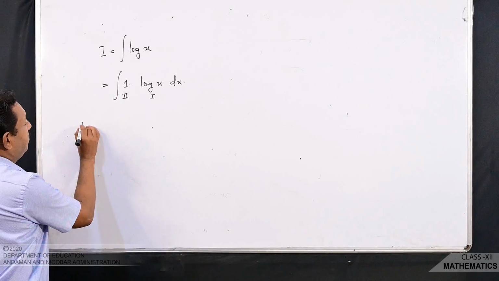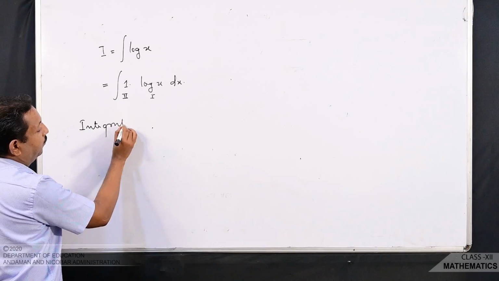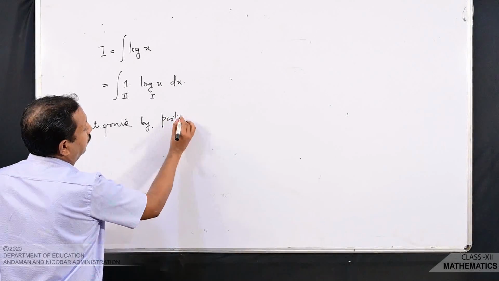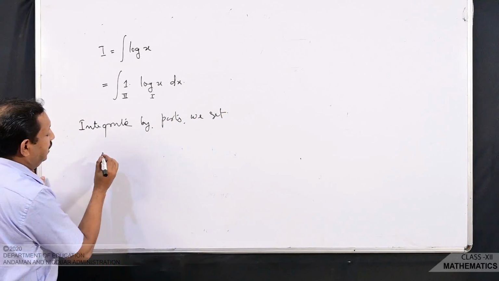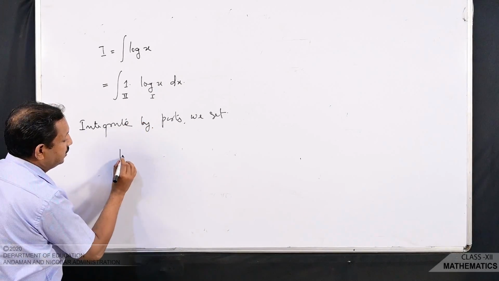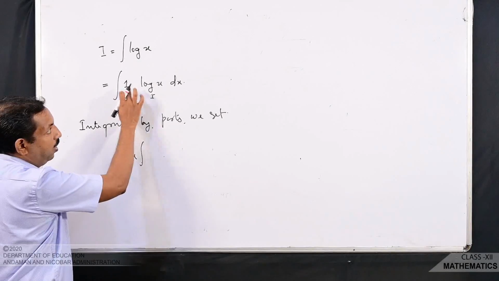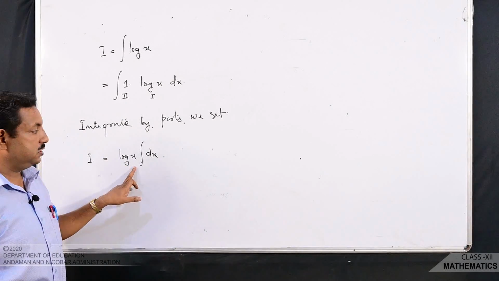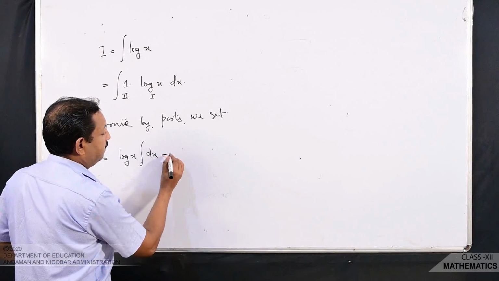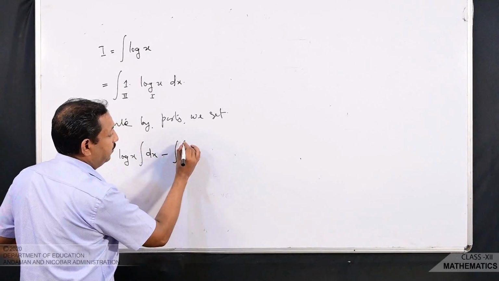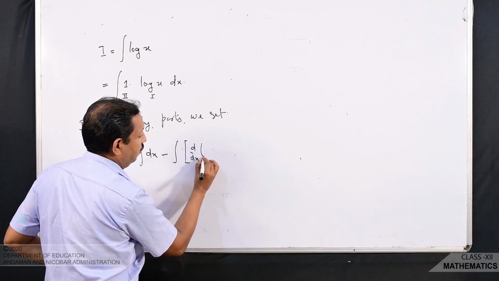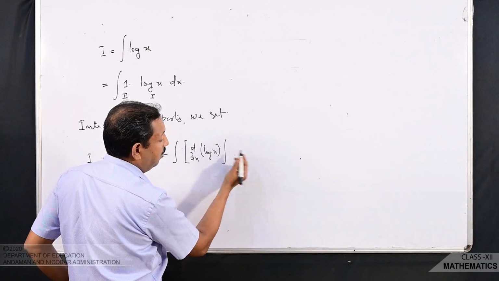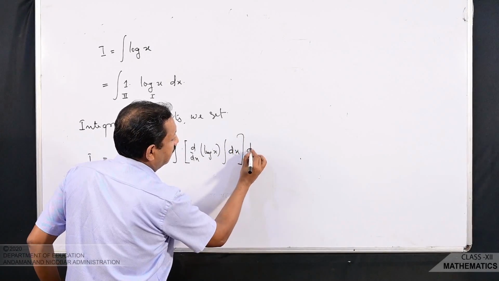So, according to integration by parts, we get: your first function is log x, integration of second, that is 1 of dx, that means simply dx. So I equals log x integration of dx minus integration, I now keep in bracket, that is derivative of first, that is derivative of log x, and integration of second function again, that means 1 of dx, that is dx, and that is closed here.